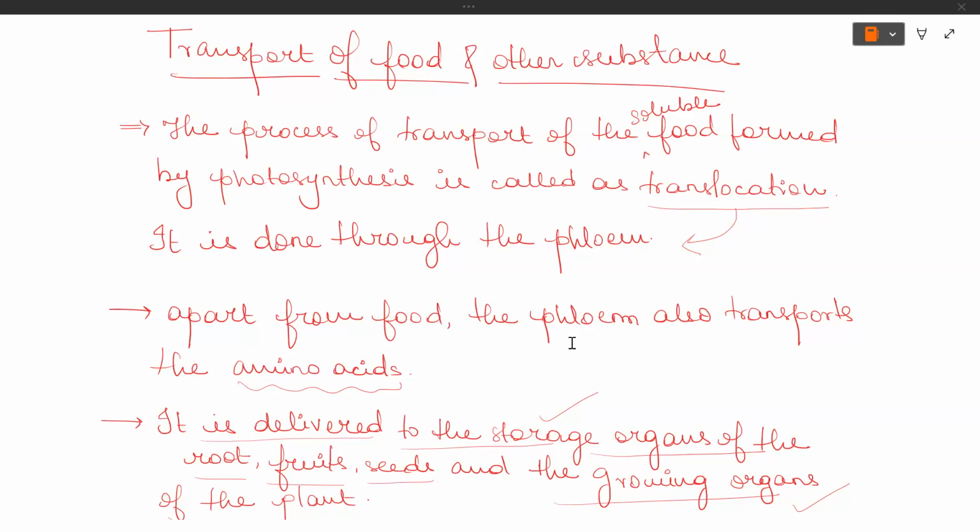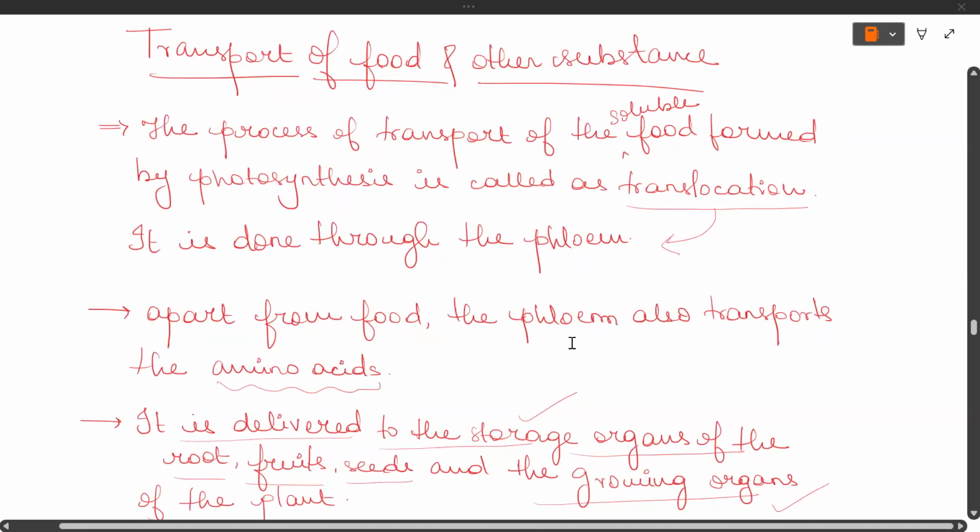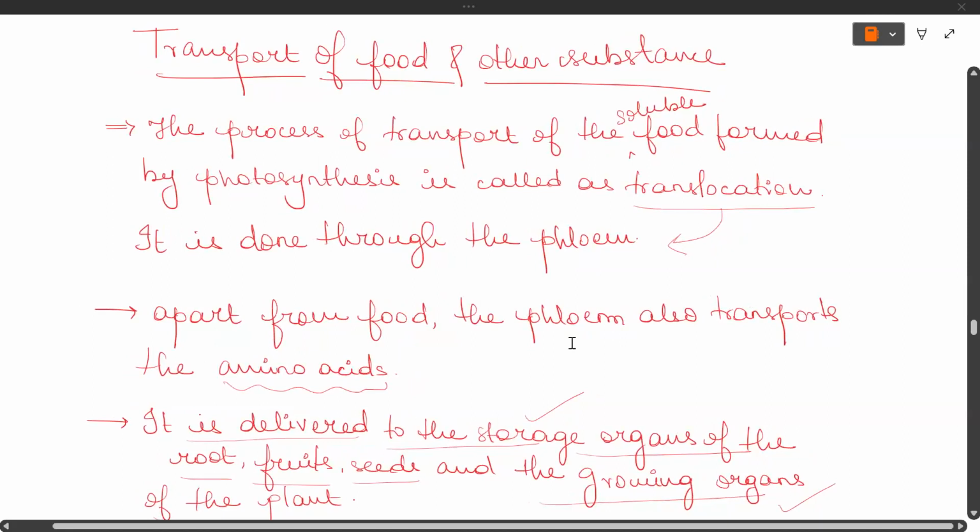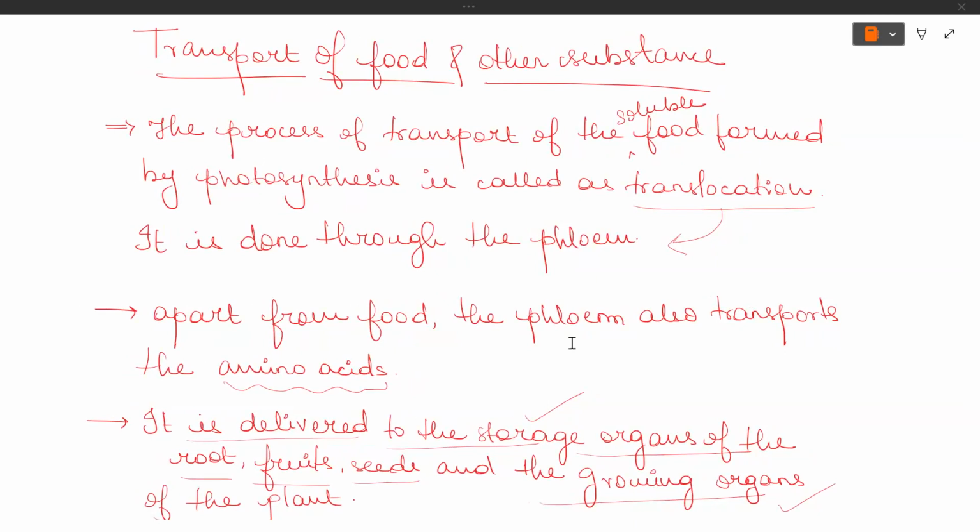Control and coordination is also completed, ma'am. My exams are near, I'm having a science exam on the 6th. I have a doubt in the flower part, like stigma and pistil.